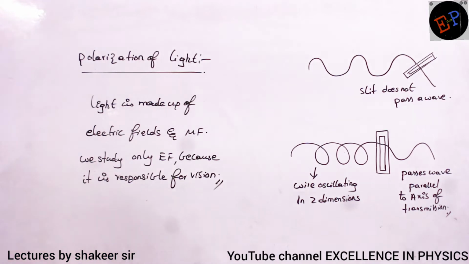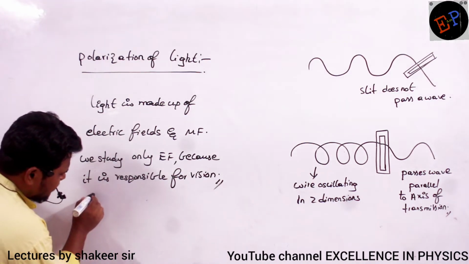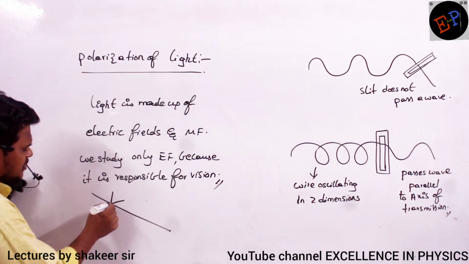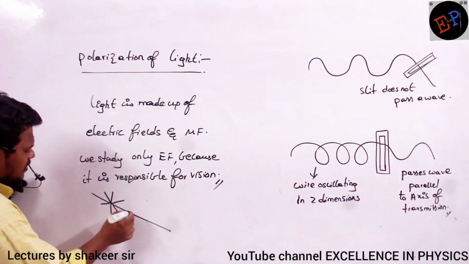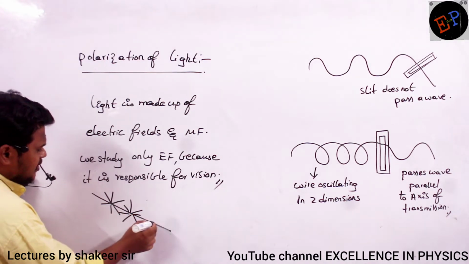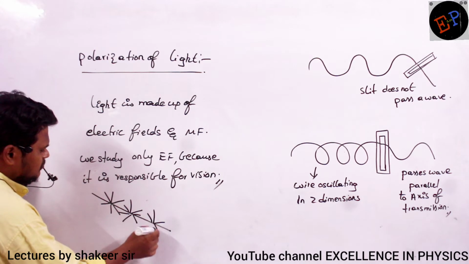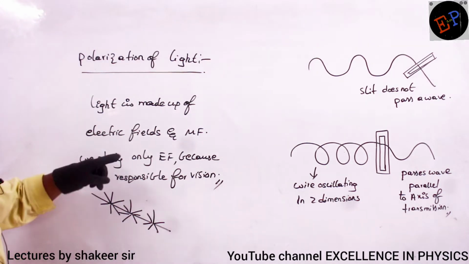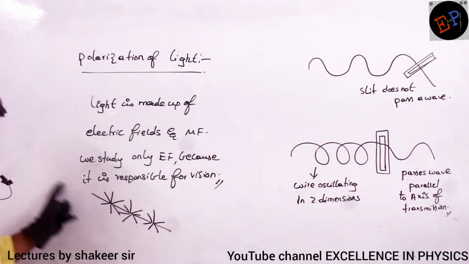Now how will electric fields be present? For example, if this is the direction of light, electric fields will be present in every direction. Electric lines of force will be present in every direction when light is traveling.